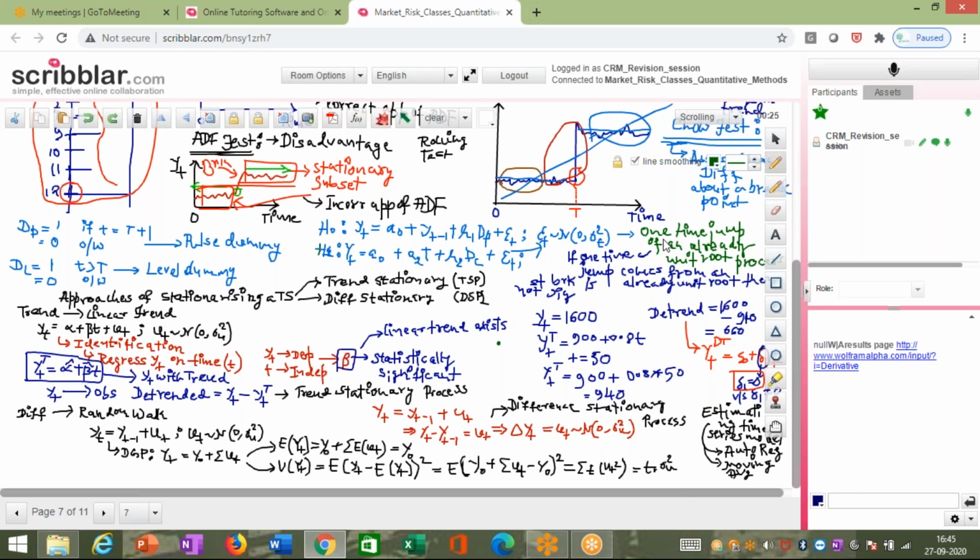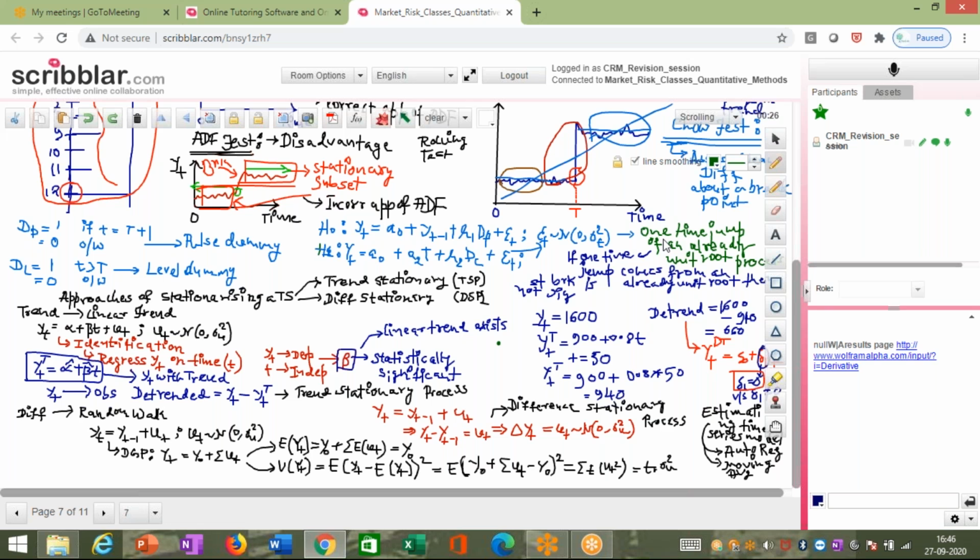So we could help solve the problem of non-stationarity by either trend stationarizing the process or difference stationarizing the process. That is something we had looked into the last day, and with that, more or less the key aspects of stationarity as a concept have been covered.